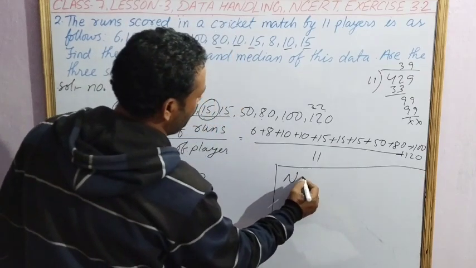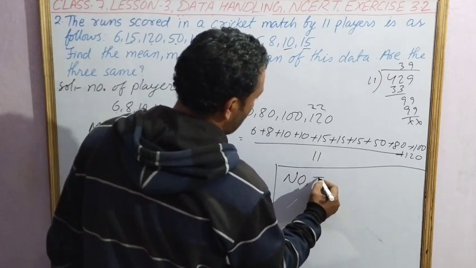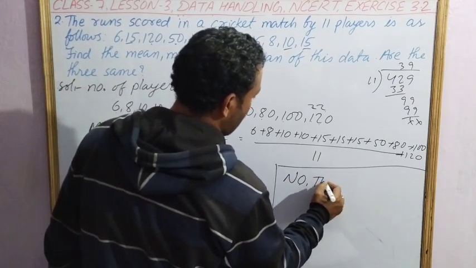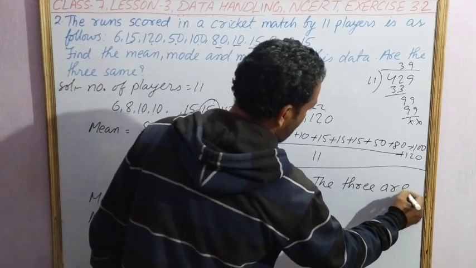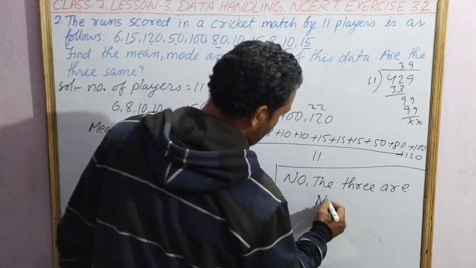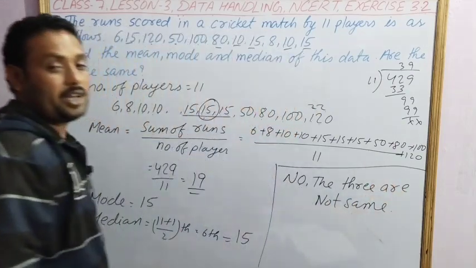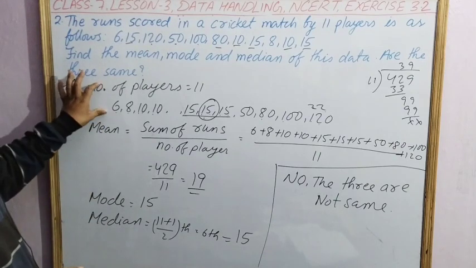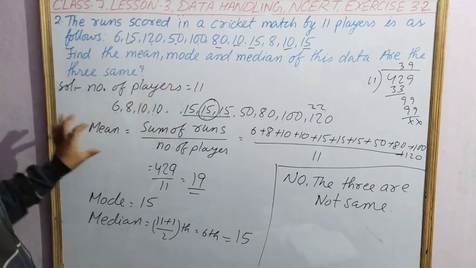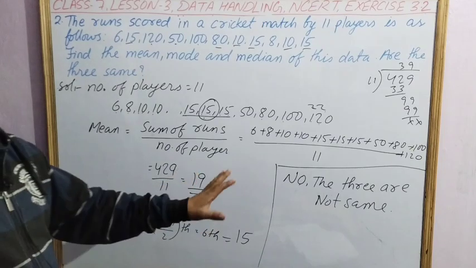You can write no, the three are not same. Okay, no doubt in this one. First, write what is given, arrange the given data, then find the mean, mode and median. Last part, what is asked.